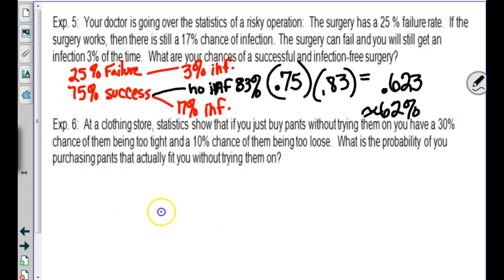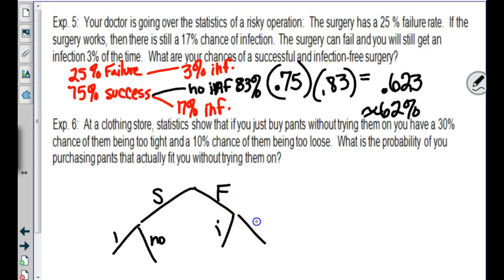Now, if we had done this, again, we could have said success and failure, and then we could have said infection, no infection. And then we could have put those percentages on there for a little tree diagram would have worked as well.